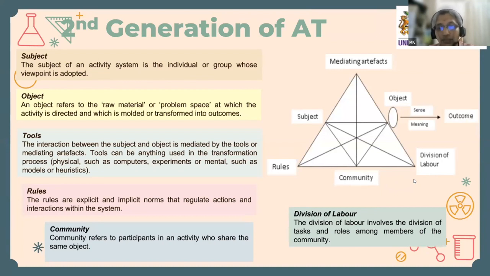They are assigned to do a work in their group. So this activity is conducted in groups because according to Vygotsky, learning happens in a social context. It's not in an individual context, it happens in the social context. So division of labor is assigning tasks to the individual students and also how the community can participate in the learning.